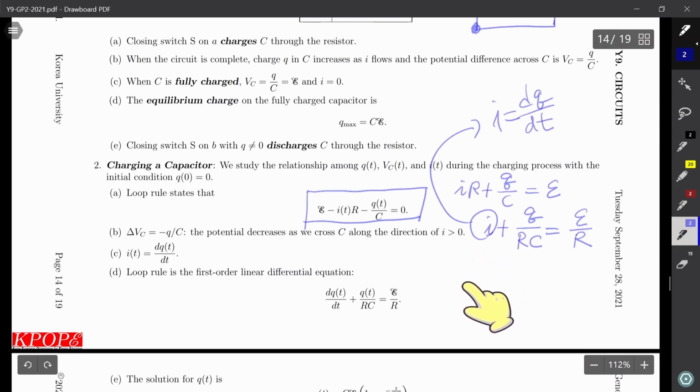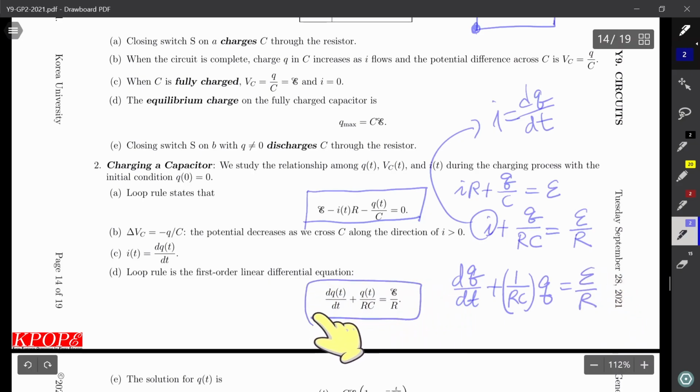So this is the first order derivative, plus 1 over RC, a constant factor, times Q, equals E over R. This is the first order linear differential equation.